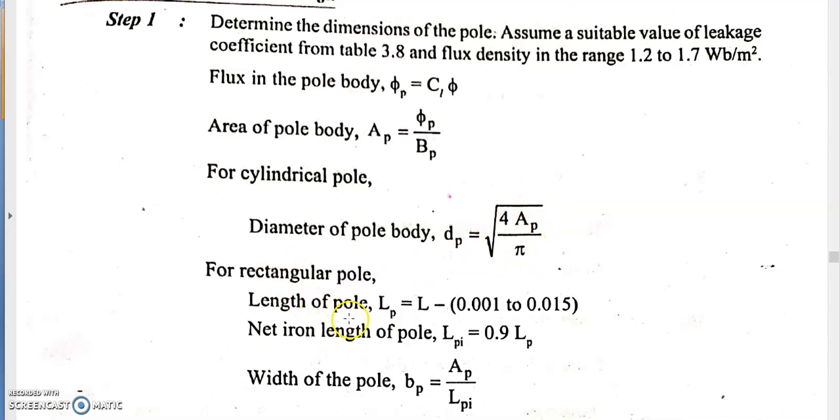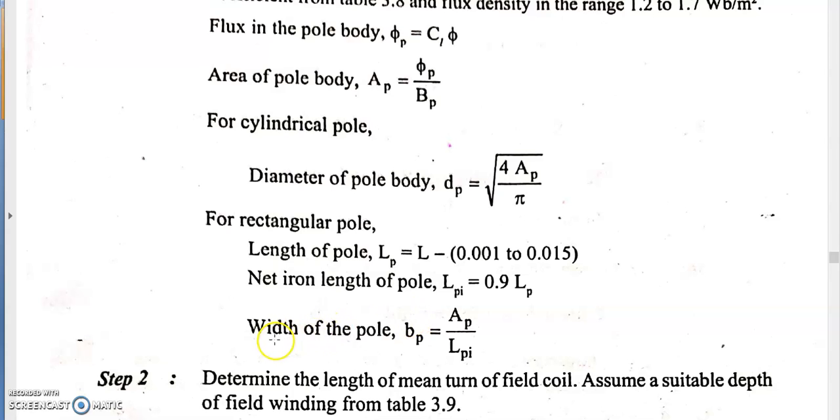If it is a rectangular pole, we calculate the width of the pole BP by dividing the area by the net length of the pole. The net length of the pole is 90 percent of the length of the pole, and the length of the pole is the length of the armature minus 10 to 15 mm.